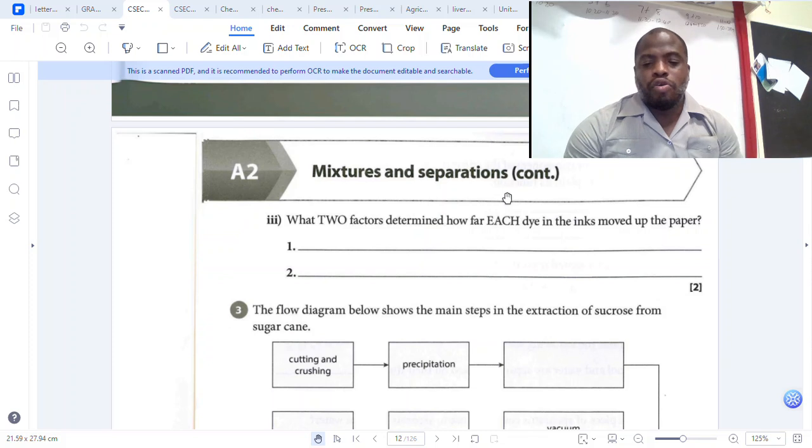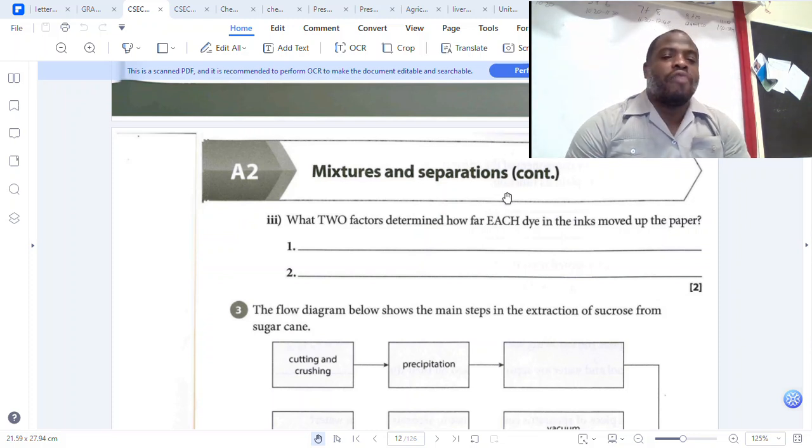Also, when it is going up the paper, which one of those dyes are more attracted to the paper? Those are the two factors that will influence how far the inks, the components, the dyes in the ink, will move up.